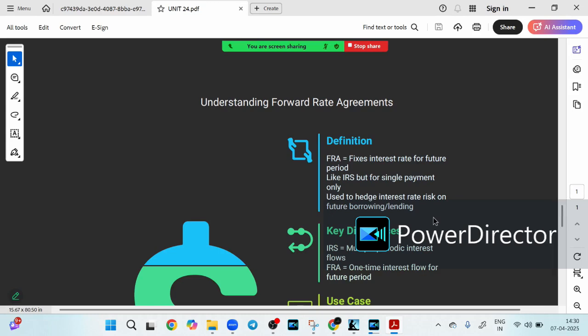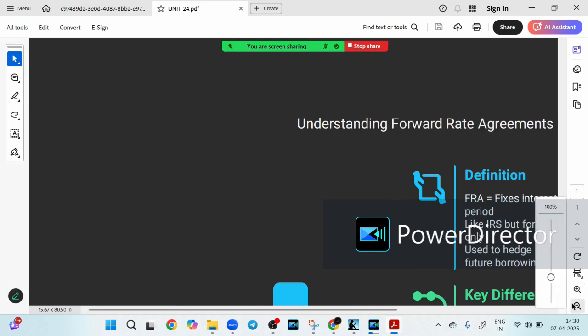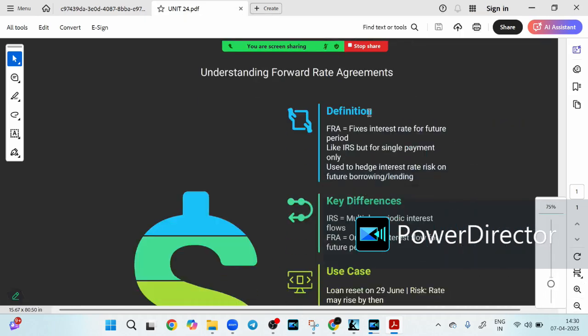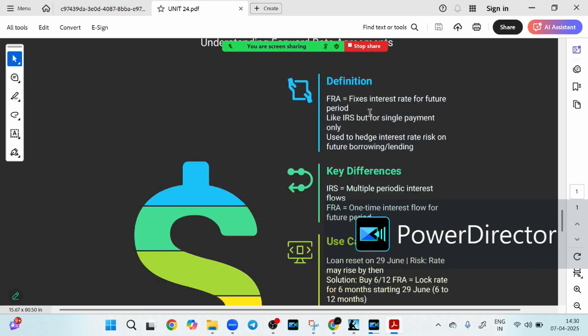The twist is that it is just one single payment, not a series, right?